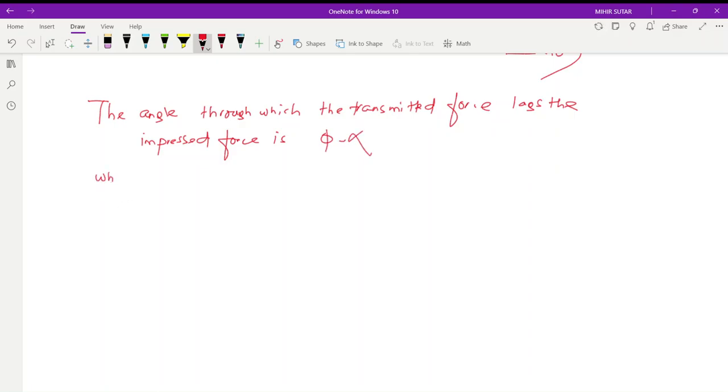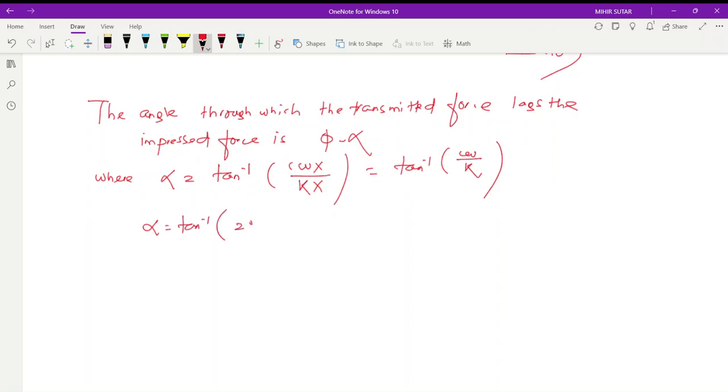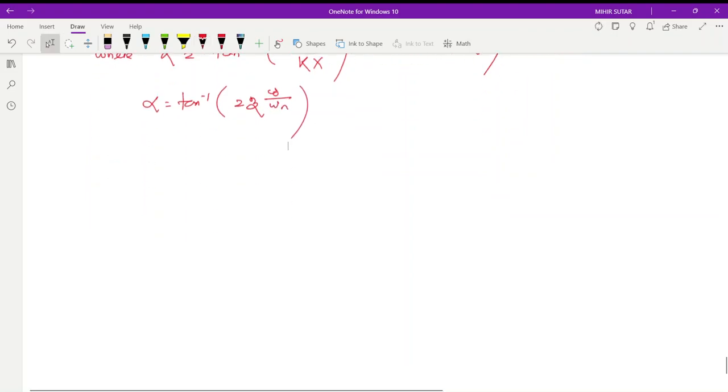Where alpha is basically tan inverse of c omega x by kx, that is tan inverse of c omega by k. Or you can say alpha is tan inverse of 2 zeta omega by omega n basically.